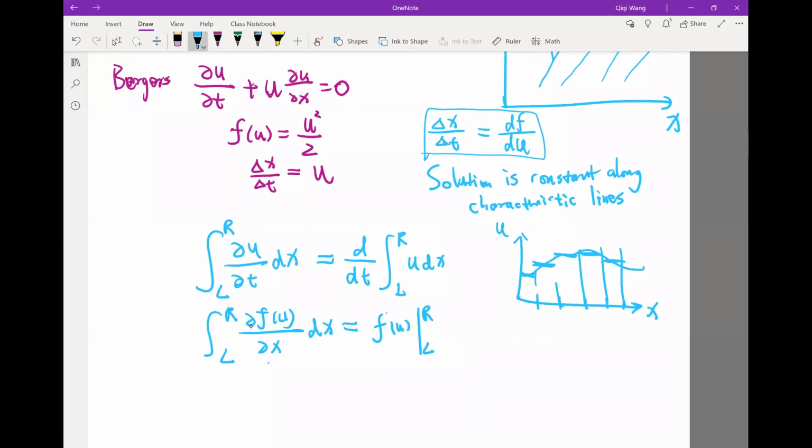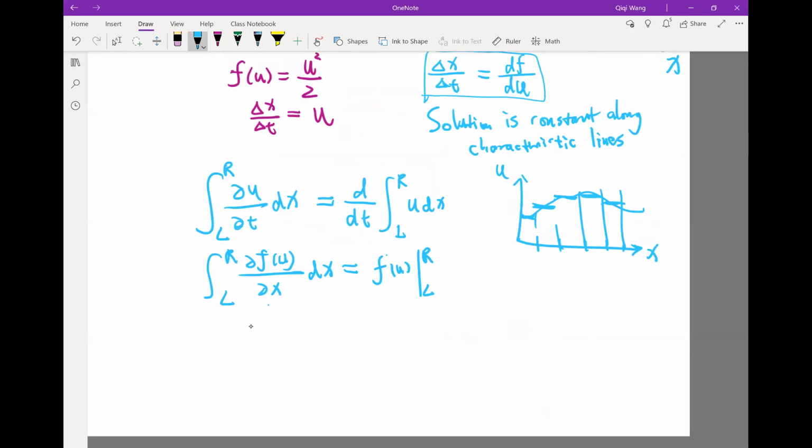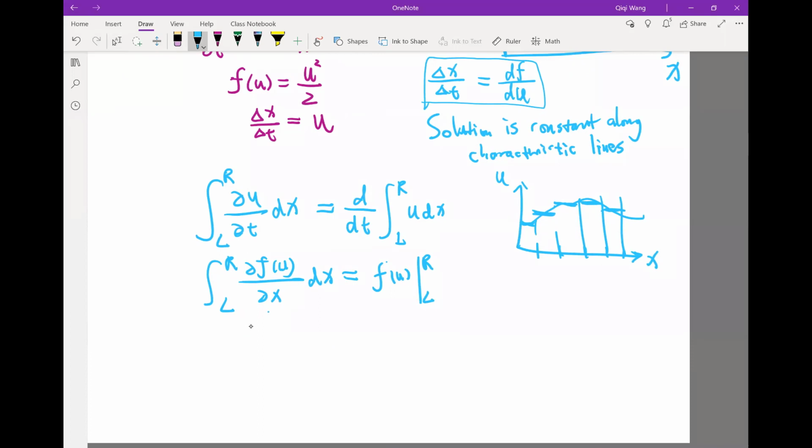But unlike the characteristics, the speed of a shock may be different. So I should be writing dx/dt of a shock. It's actually equal to delta f over delta u instead of df/du, right?